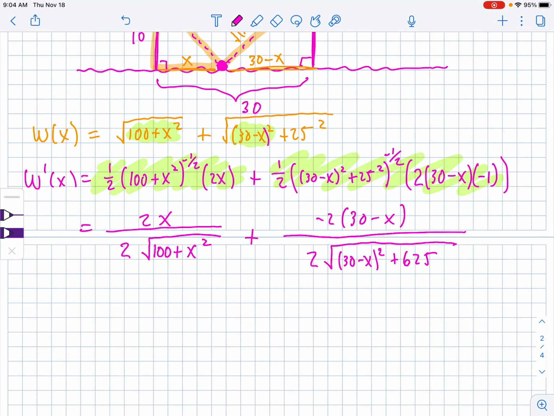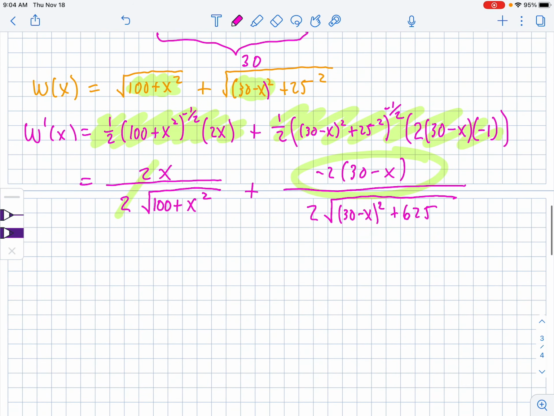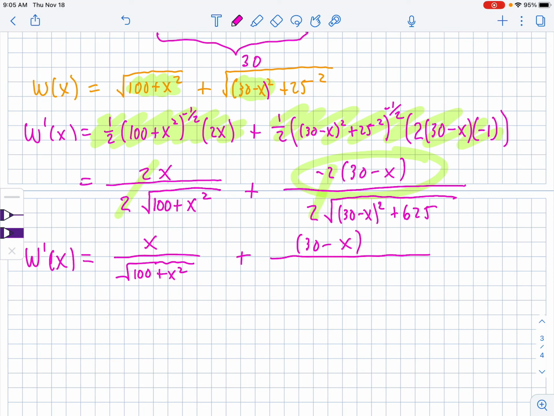Yeah, I think we can do a little more cleanup because these 2's cancel out, and we can distribute right here. So w prime of x, just to remind myself what I'm doing here, this is x over the square root of 100 plus x squared, and then these 2's cancel out, and then the negative distributes, so we get 30 minus x.